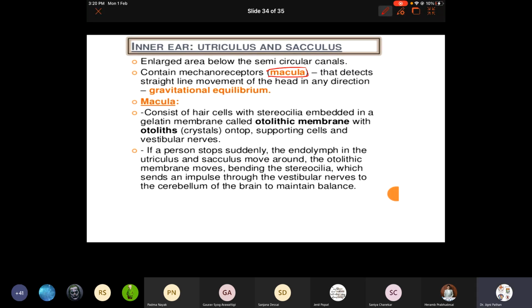This macula has stereocilia which have an otolithic membrane with otoliths. Otoliths are crystals.